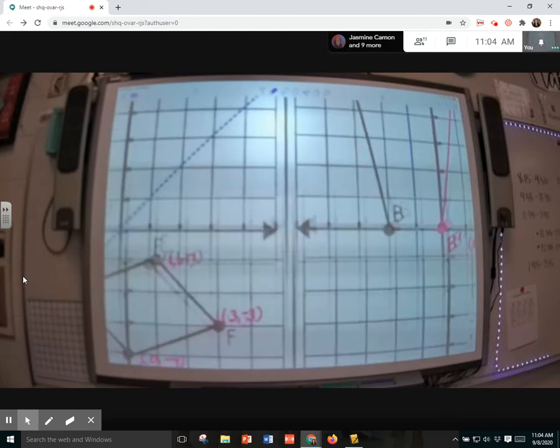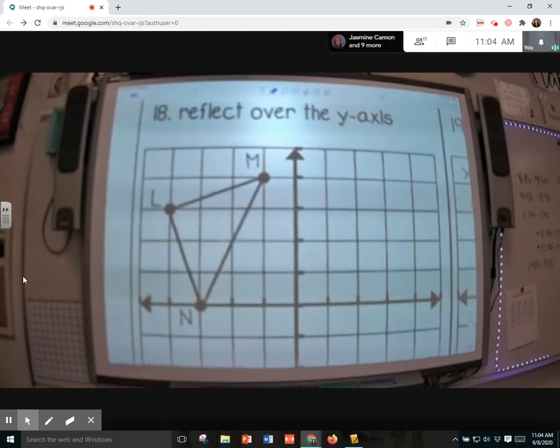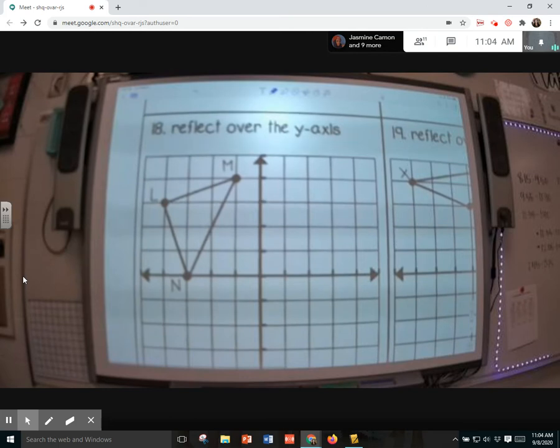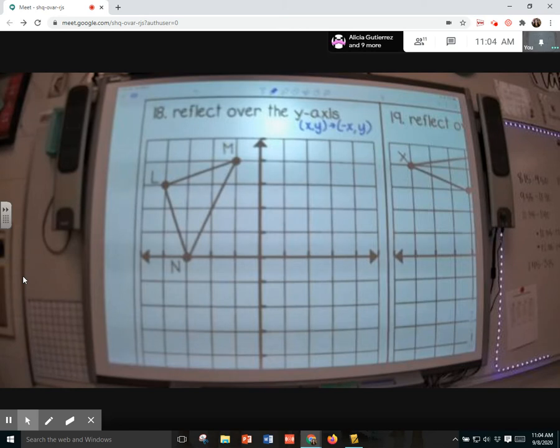So looking at number 18, reflect over the y-axis. When I reflect over the y-axis, I need to remember that my rule is x, y goes to -x, regular y. So I'm changing the sign of all my x values. So if I look at L, it starts at -4, 3. Are the coordinates a requirement?